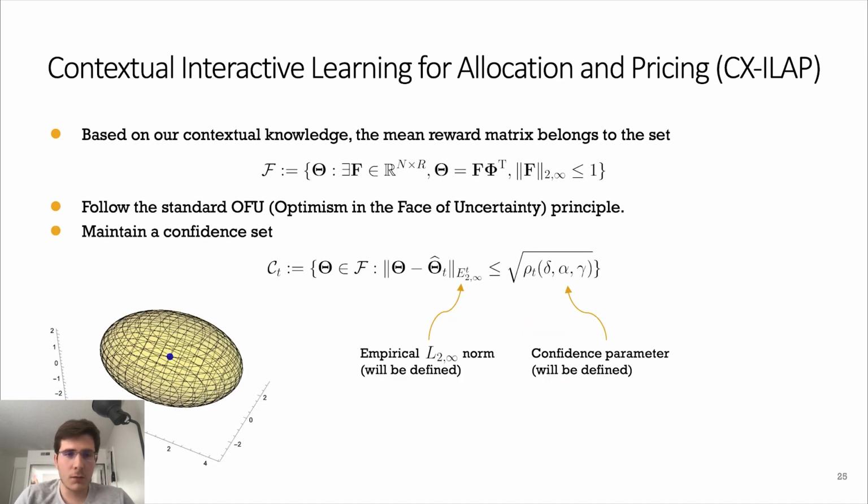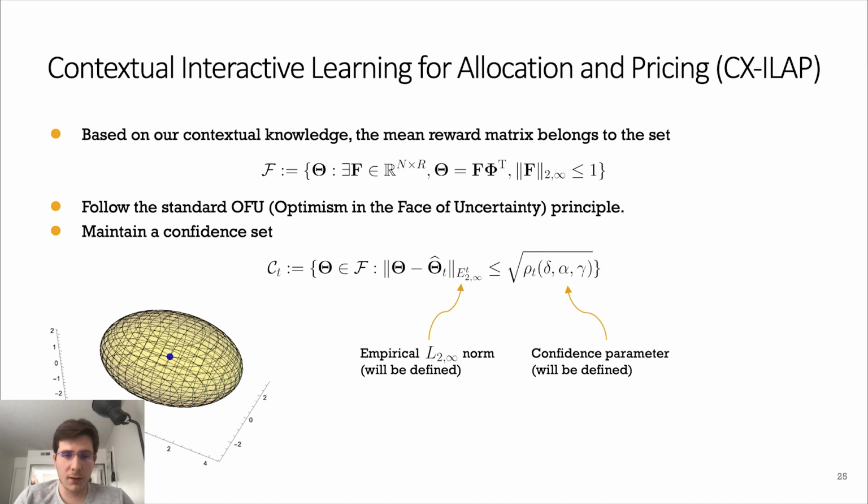In this scenario, we know that the true theta matrix, the mean reward matrix, belongs to this set calligraphic F. So we can base our knowledge on this set, and we follow the standard optimism in the face of uncertainty principle in developing our algorithm.